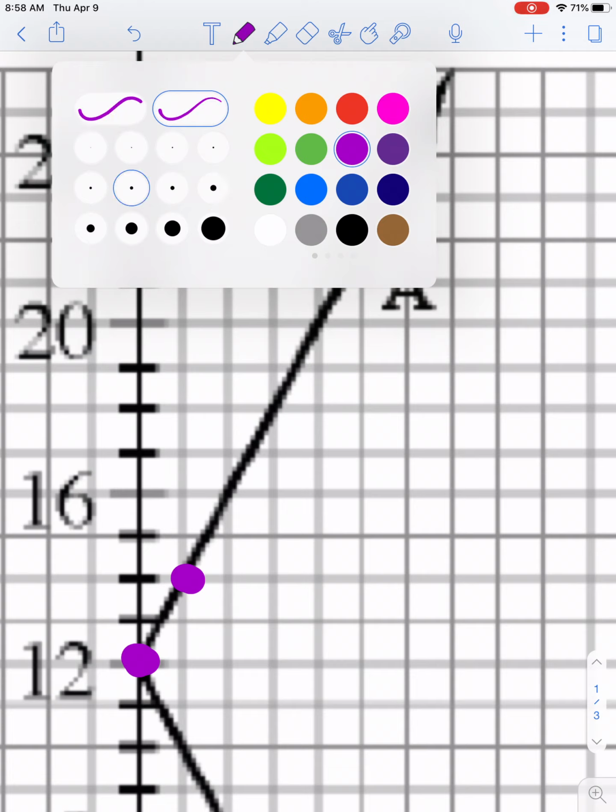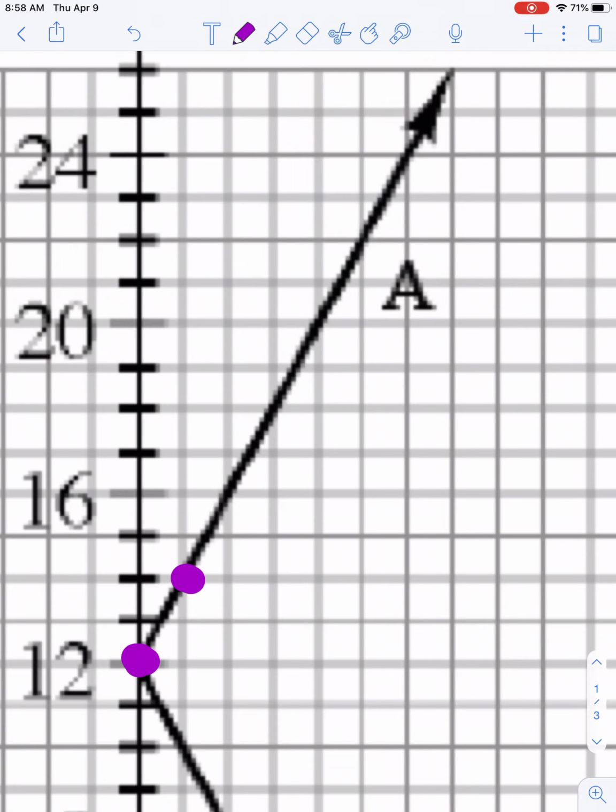So when we're finding the slope, you want to draw a triangle. It doesn't matter if your triangle goes up or down. So I'm going to draw this triangle. It looks like that, and it goes up 2 units, and it goes right 1.